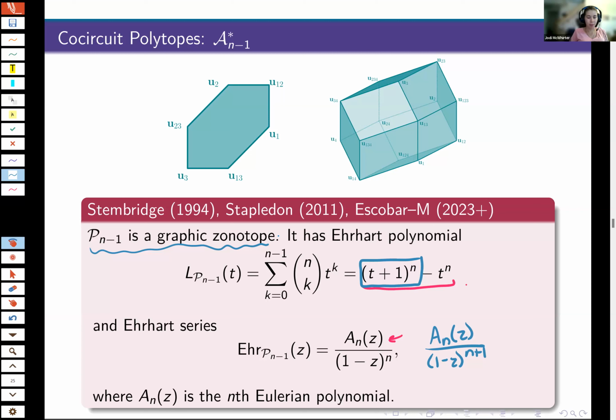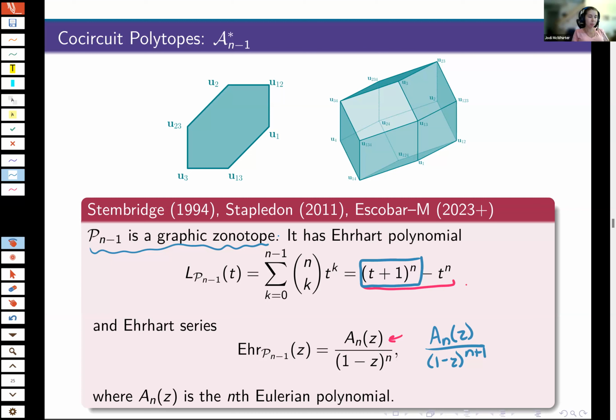And I have worked with zonotopes before. I like them quite a bit. And so finding out that these polytopes were zonotopes was quite fun. And finding that they were not only zonotopes, but these graphic zonotopes that show up in some other papers was also pretty cool.